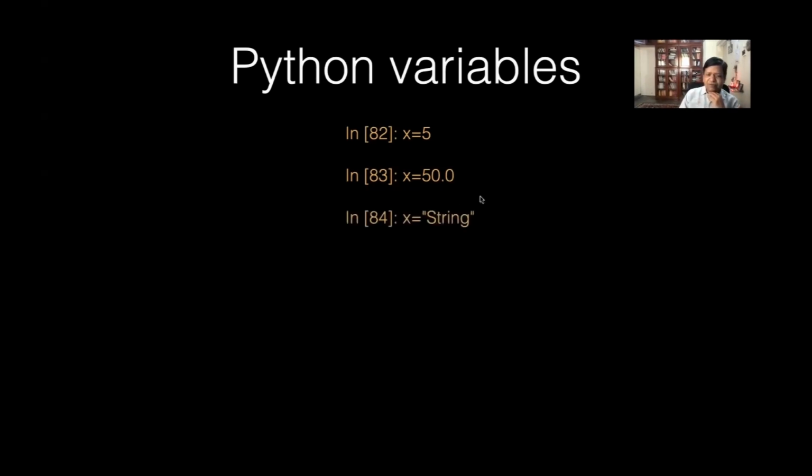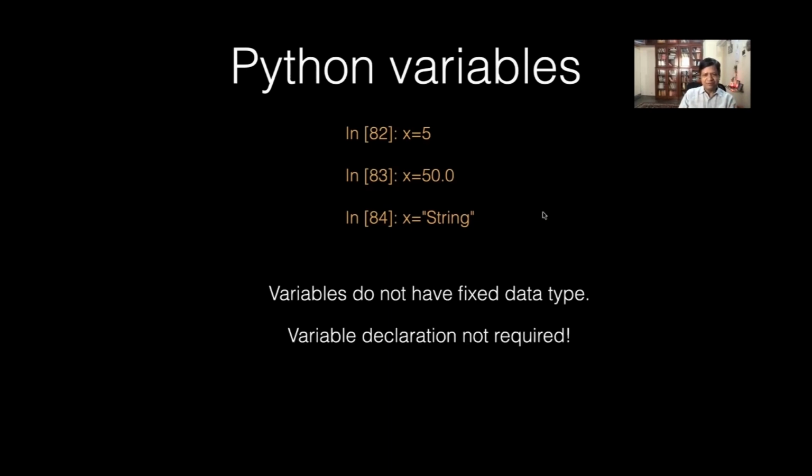So Python has no fixed data type. A variable x can have integer, float, or string data type, because in Python we do not declare a fixed data type for a variable. So variable can be any type, and that's how variable declaration is not required.